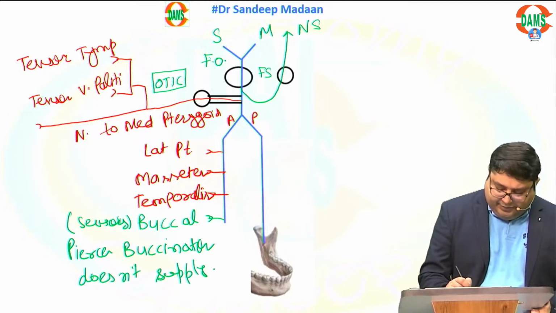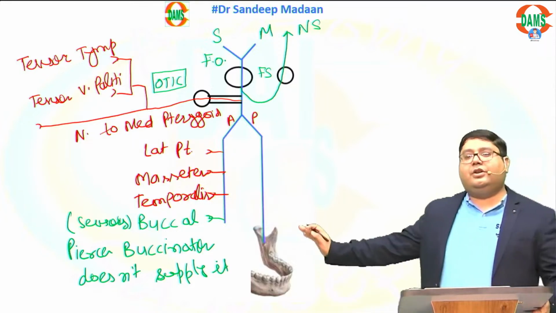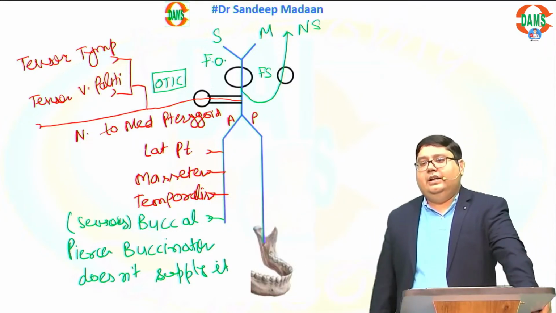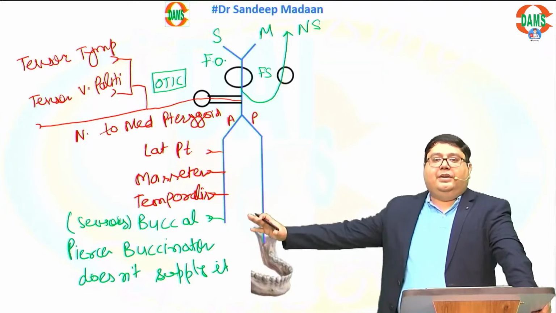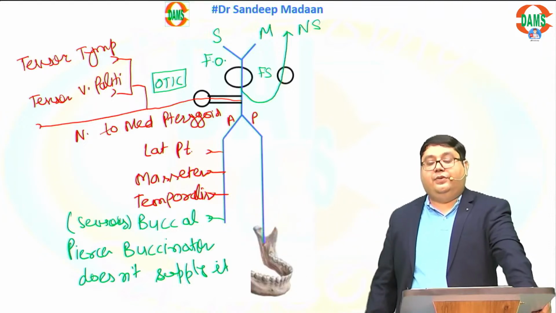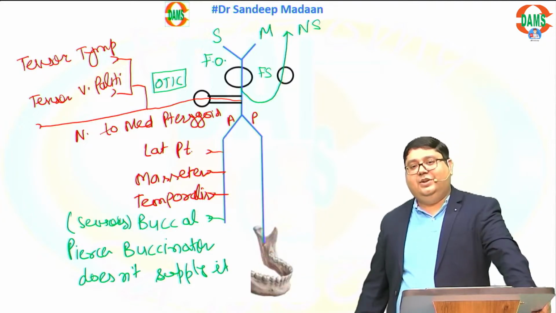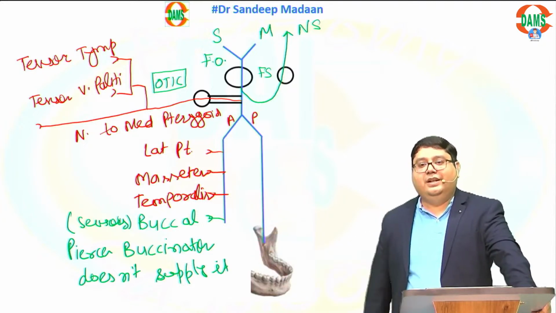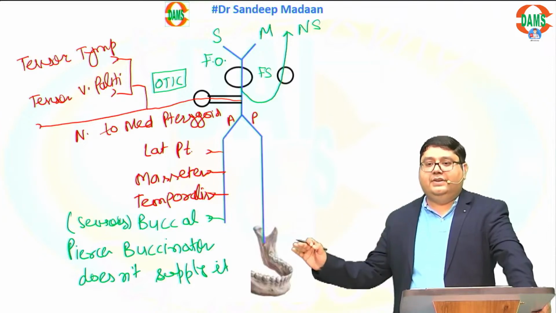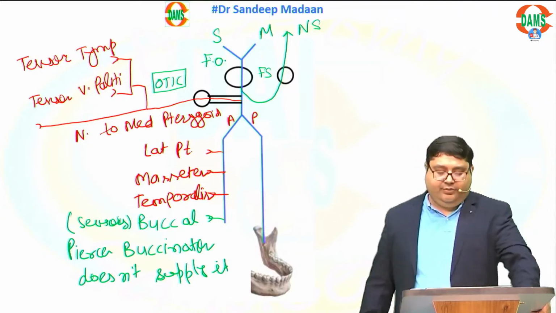It only pierces buccinator but does not supply it. Okay. So here, to remember, we use the funny phrase that it says I love you but as a friend. Okay, don't take it otherwise, just to remember this point, that it will only pierce but it won't supply. That's the important part over here.